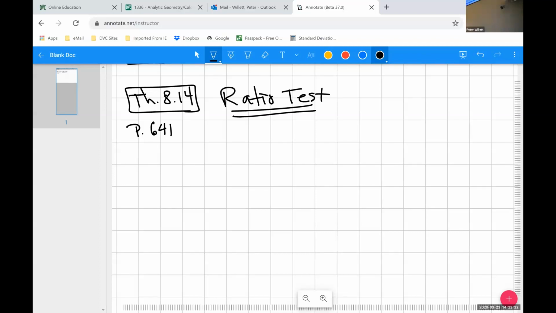Okay, so let's say we have a series of a sub k's. So if we have this, and again, this is going to be positive terms. So far, everything we've been doing has been relying on the idea that the terms are always positive.